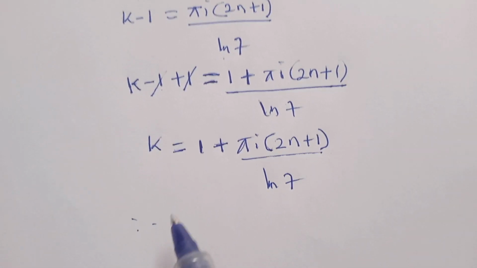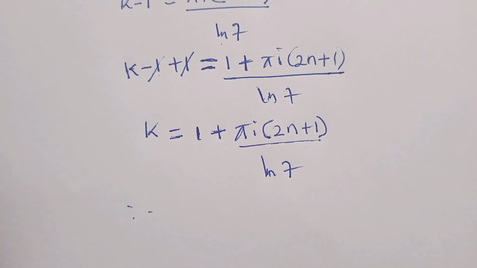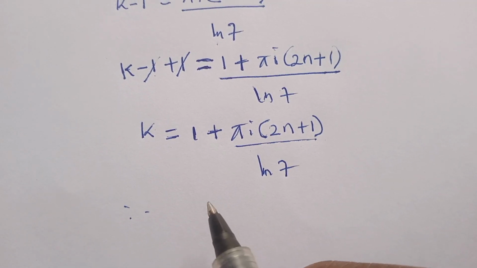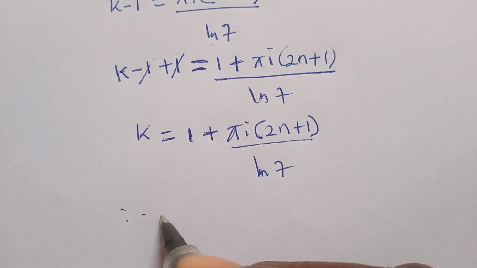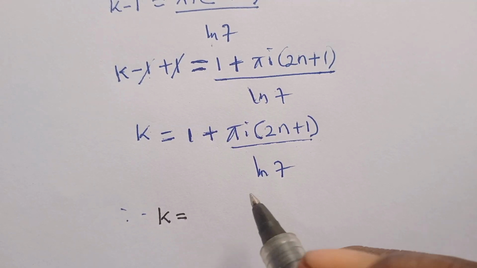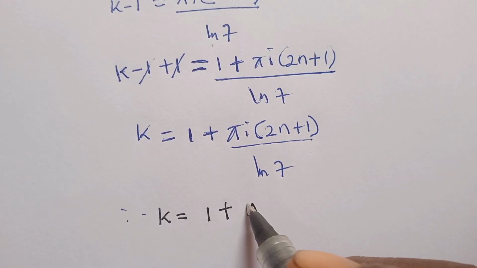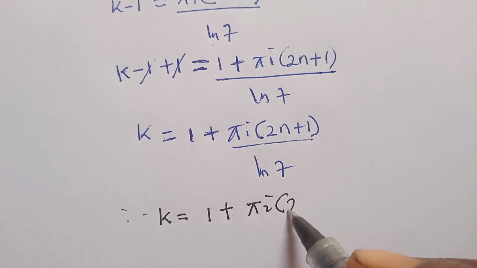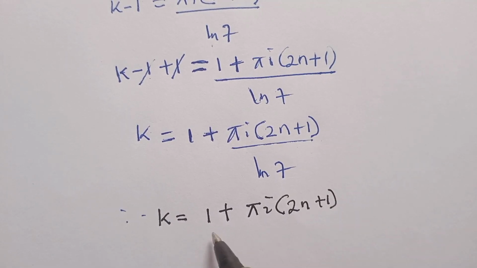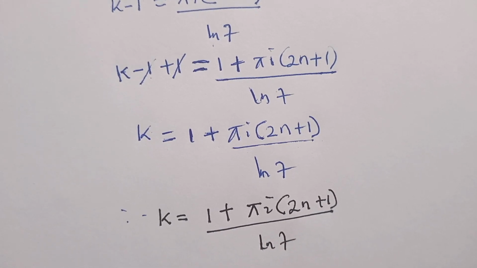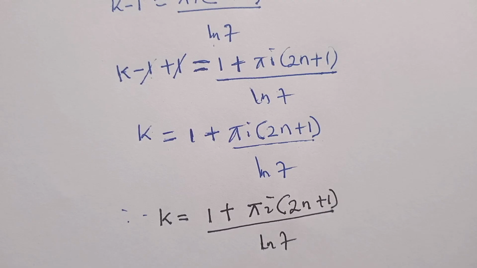Therefore our original unknown k will now be equal to 1 plus pi i into bracket 2n plus 1, everything divided by ln of 7, where n belongs to the set of real numbers.